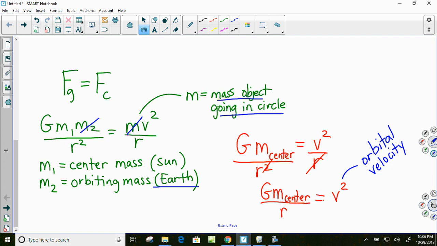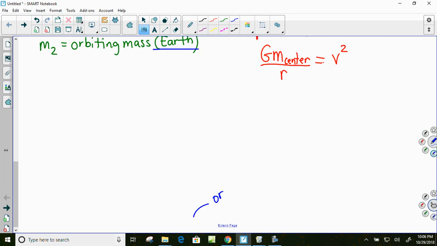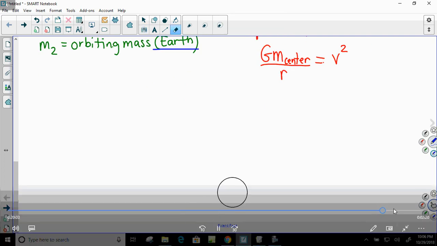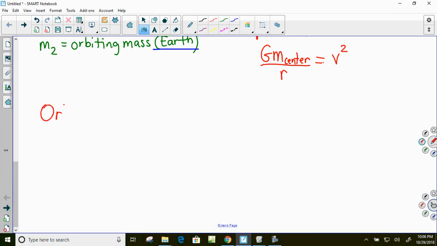Okay, there's one more piece of information that I give you here for notes, and that is the idea of an orbital period. Period is the amount of time that an object takes to complete one cycle of its motion.